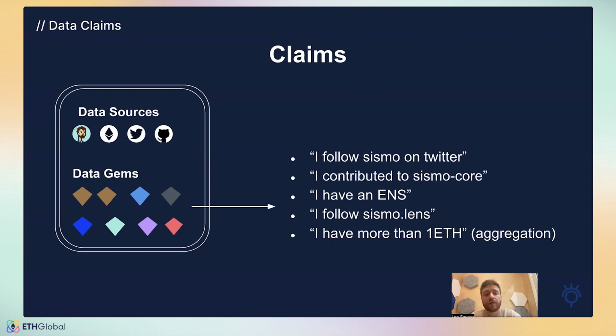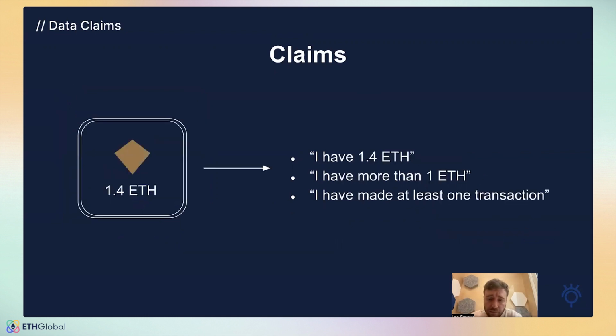So this is all the different types of claims I can make from all the data that I have imported into my Sismo data vault. And with this data, I can make claims. For instance, I have more than one Ether, or I have made at least one transaction, or I have some comparator I can use to make a more granular request on this data.